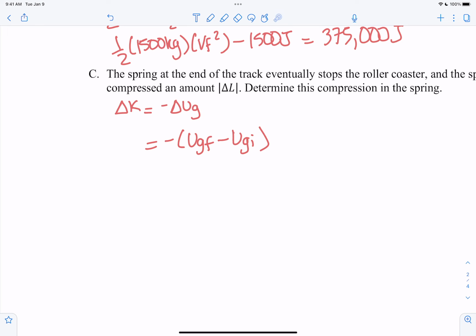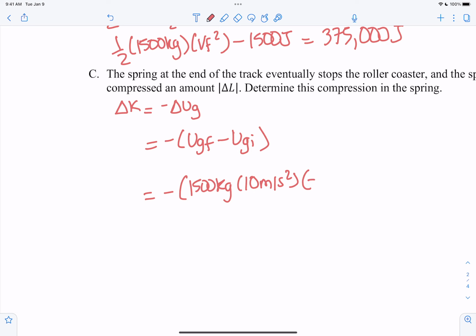Now, there should also be that increase in kinetic that we got from before, right? So this is negative, and we have 1,500 kilograms, times the acceleration due to gravity, and then we multiply by the change in the distance, basically.